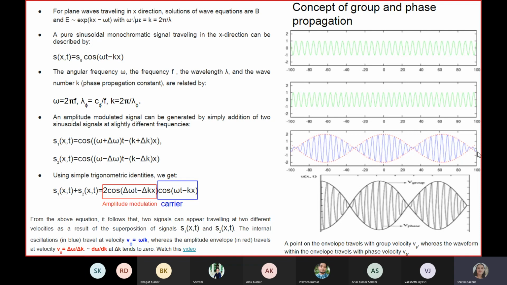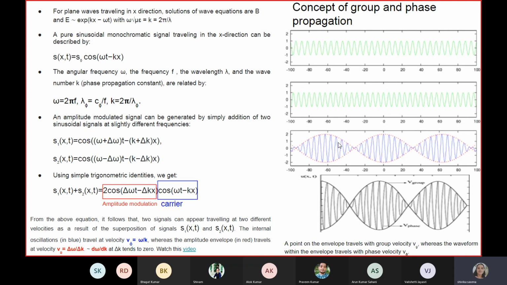These are also in a wave pattern, a sinusoidal pattern. These represent the group velocity. So you can understand what is meant by group: it is grouping, enveloping these internal oscillations. So we have the concept of group propagation as well as phase propagation.